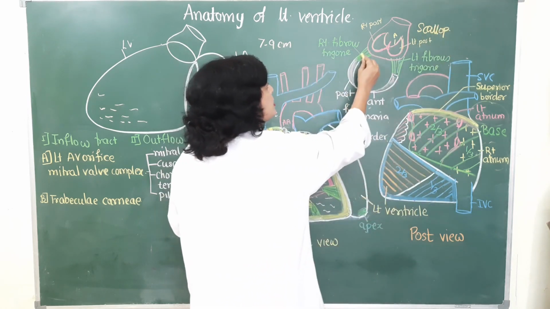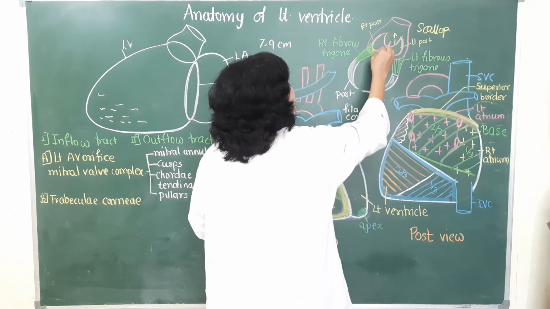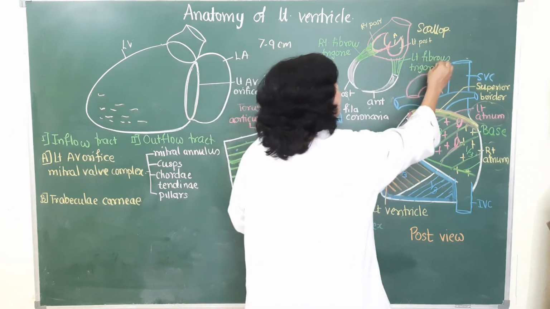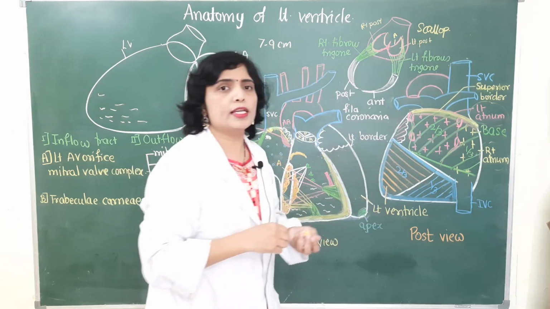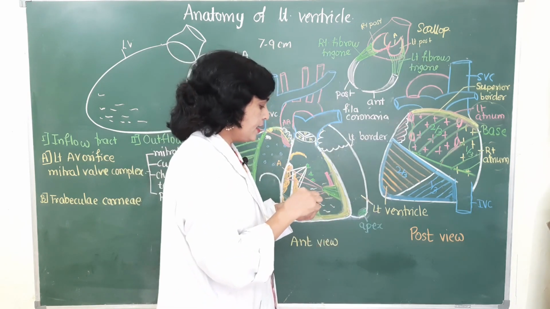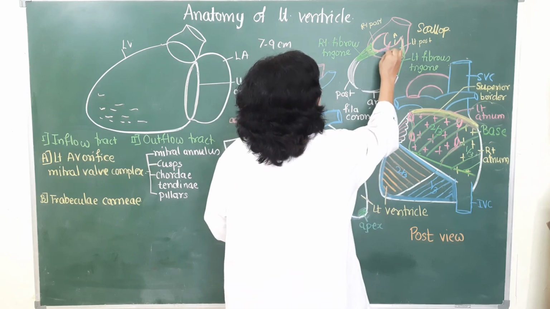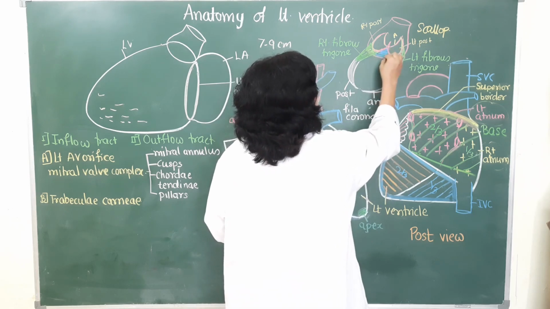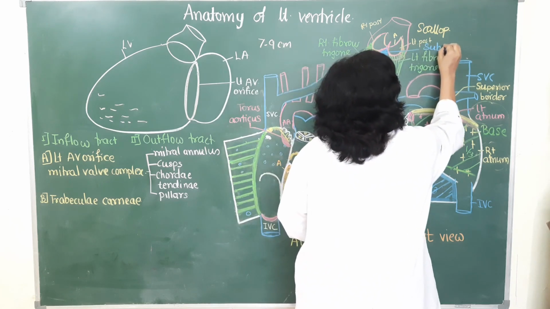So the right fibrous trigone extends and gets attached to this right posterior scallop, and the left fibrous trigone gets attached to the left posterior aortic scallop, and the area in between the two is occupied by the subaortic curtain. Here you get, this is the subaortic curtain.